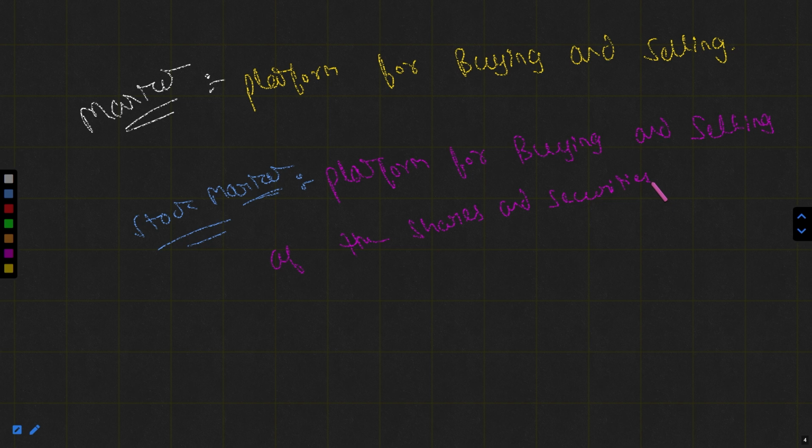So a market is a platform where buying and selling happen, and the stock market is also a platform where buying and selling of shares and securities happen.